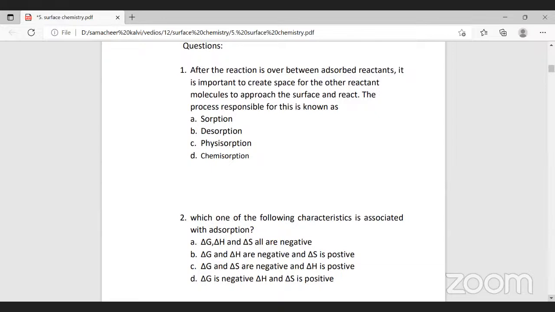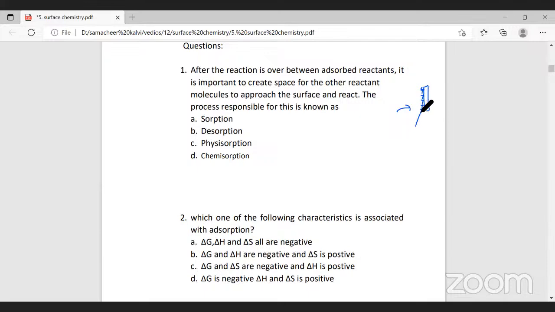After the reaction is over between adsorbed reactants, it is more important to create space for other reactant molecules to approach the surface and react. The process responsible for this is known as, see, once the surface is occupied by the adsorbate, further adsorbate cannot be formed on the surface of the adsorbent.